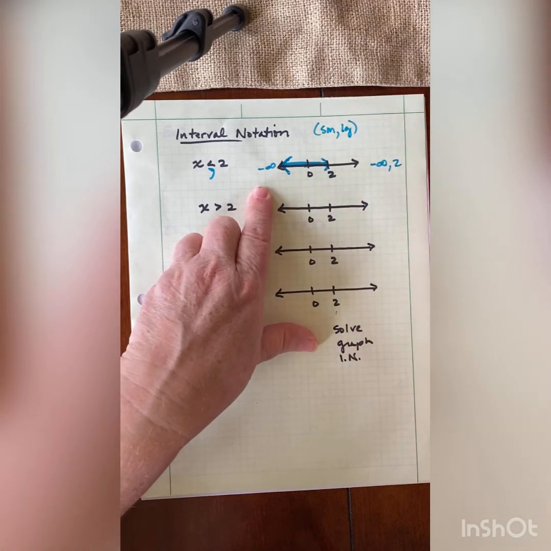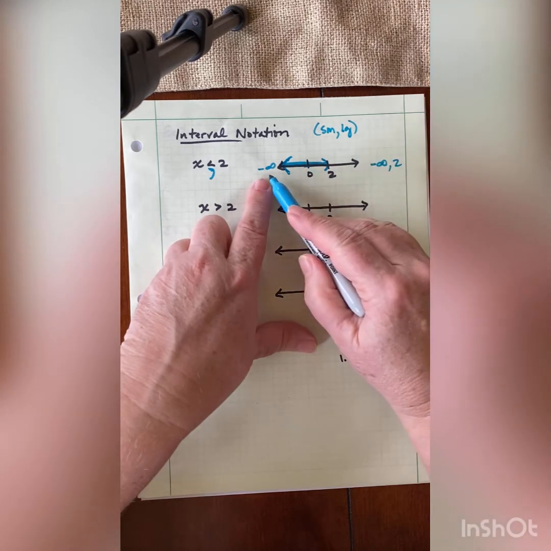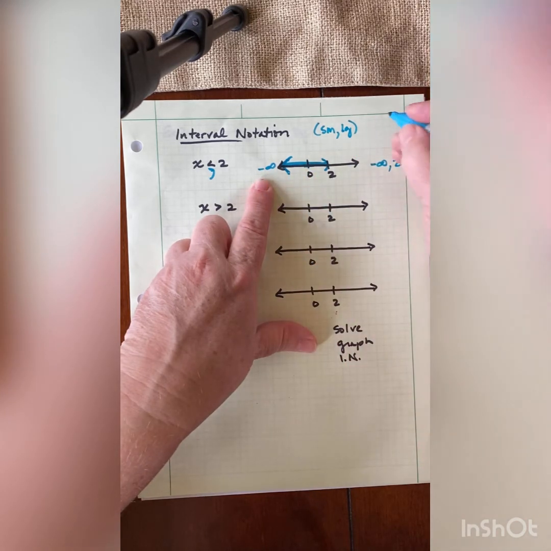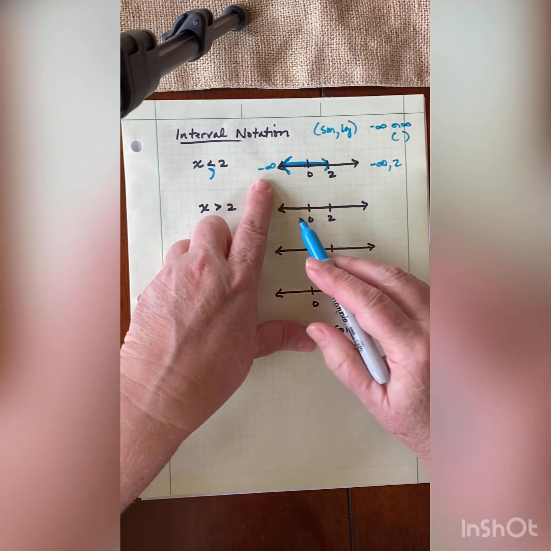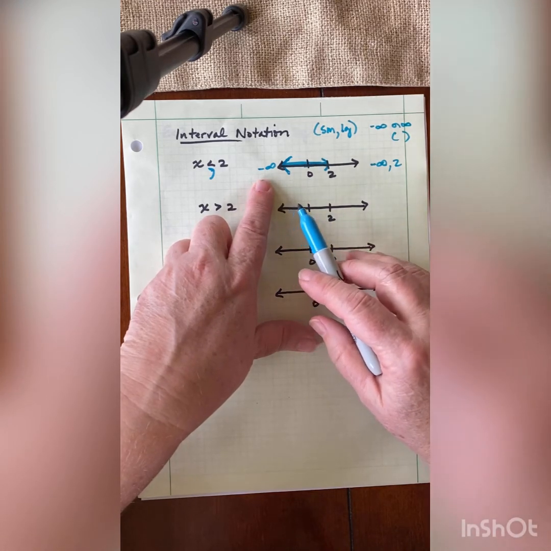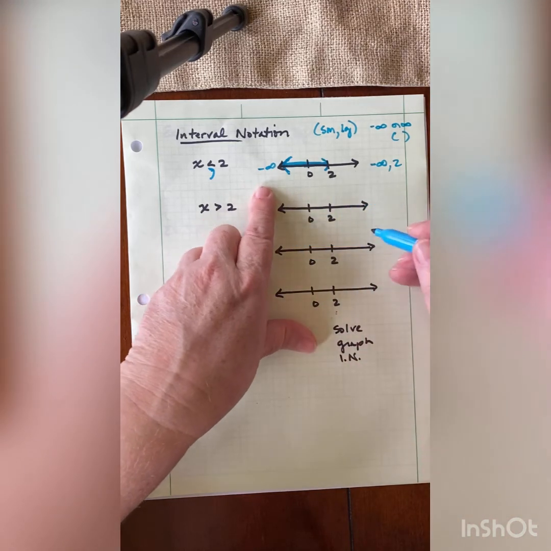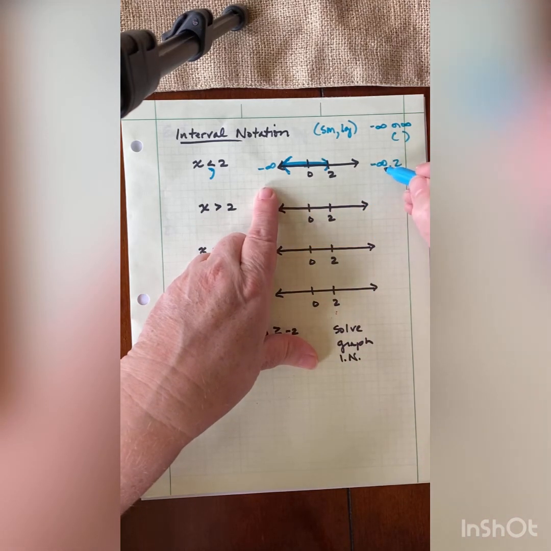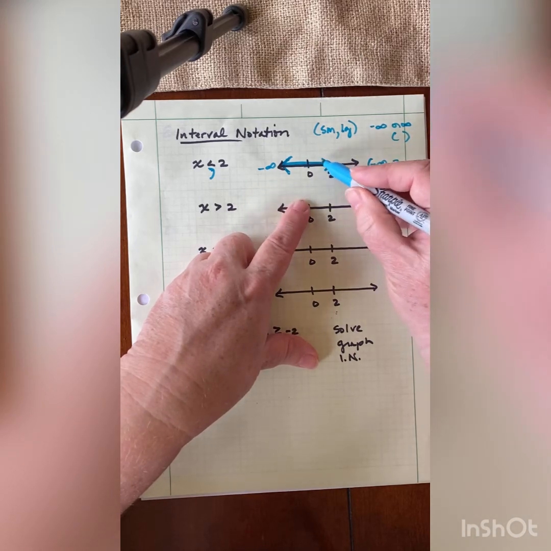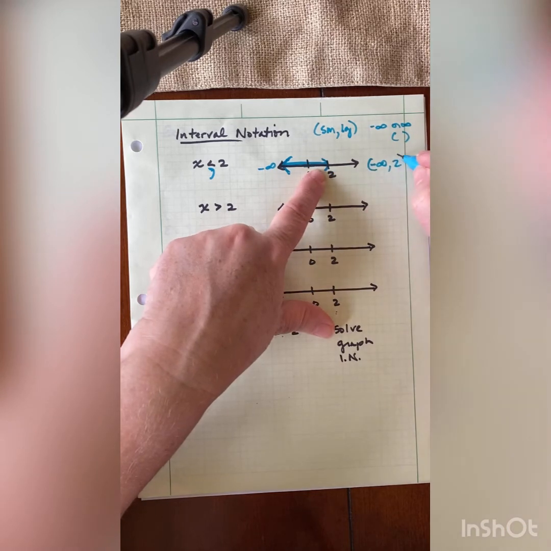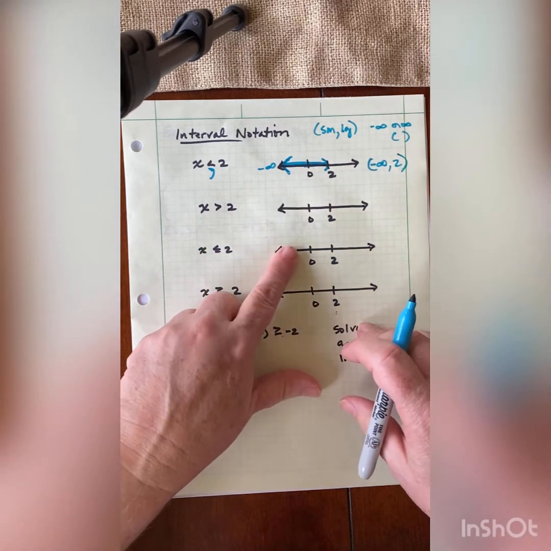Okay, now, infinities always go with parentheses. So if you have a negative infinity or a positive infinity, you're going to use parentheses like that, okay? Because I can always add one number to whatever you got there. So I got an infinity, so I'll have a parenthesis. Now it looks just like this. What do I got happening at 2? Another parenthesis, so right there.